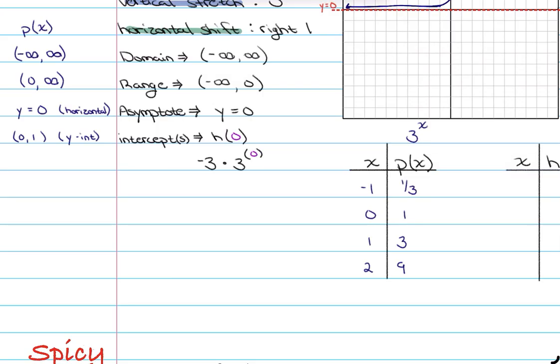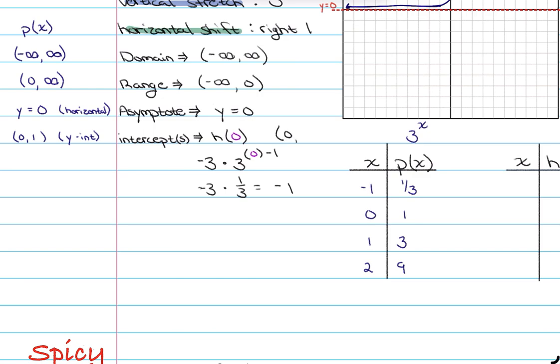Okay. That'd be, if you're going to use your calculator, that's great. If you don't, it's going to be -3 times 1/3 which is -1. So our intercept, our y-intercept is at 0, -1 this time.